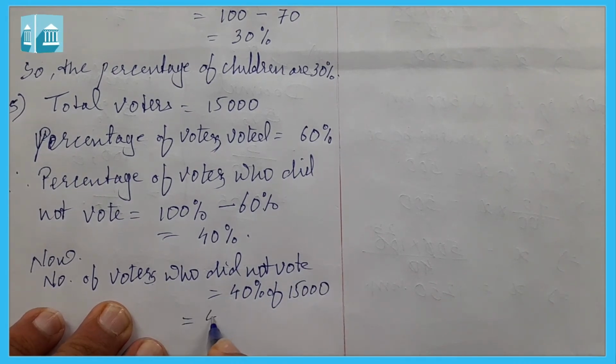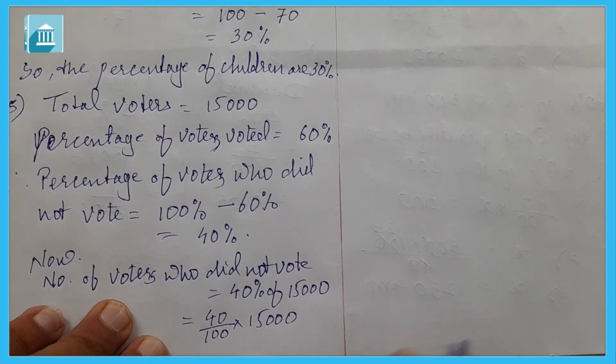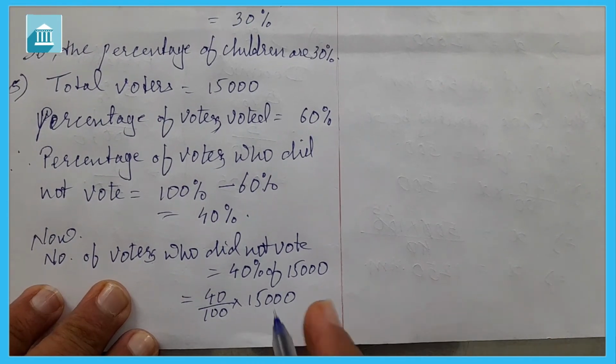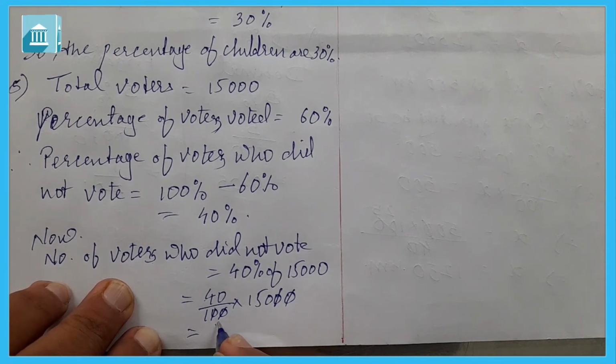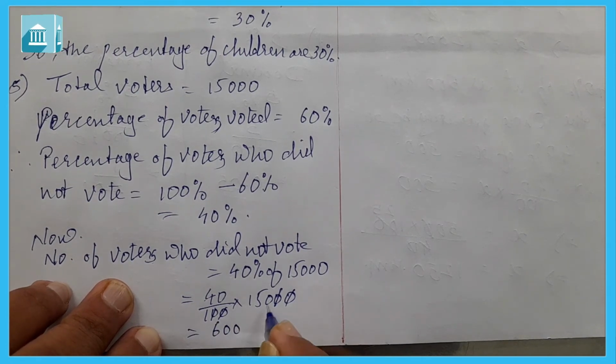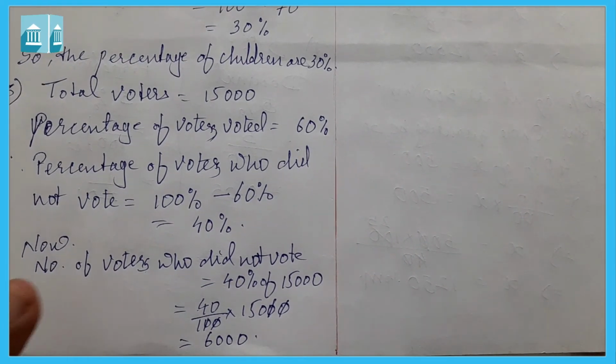So 15,000, 40% of 15,000, this 0 cut, this 0 0, 15 fours are 60, two 0s here, so 6,000. So we can say that 6,000 voters did not vote. Out of 15,000, 6,000 voters did not vote.